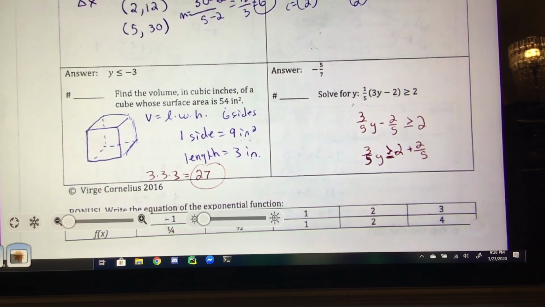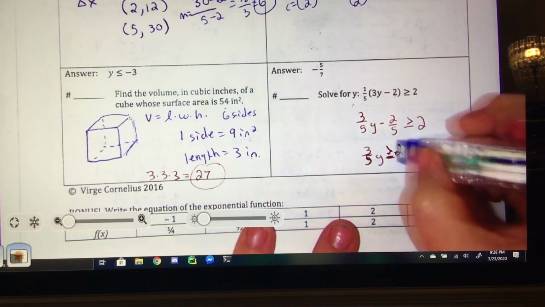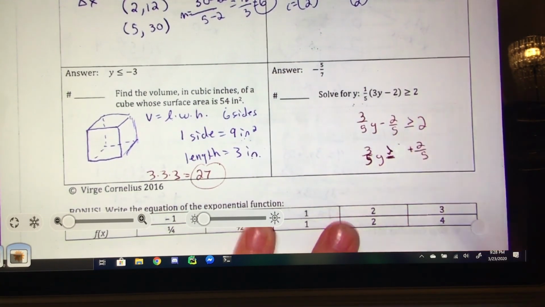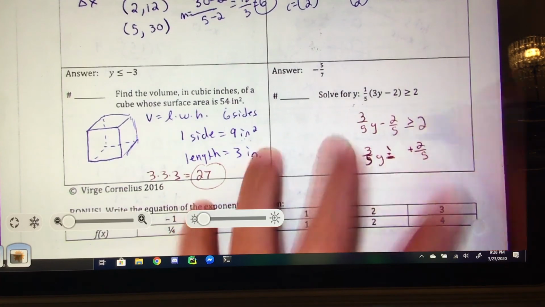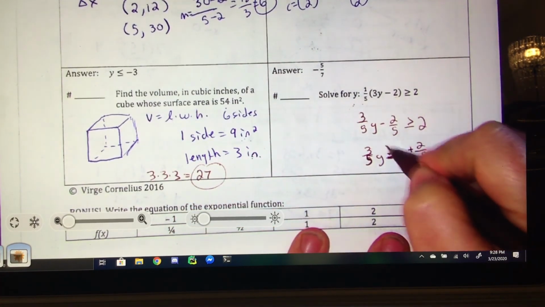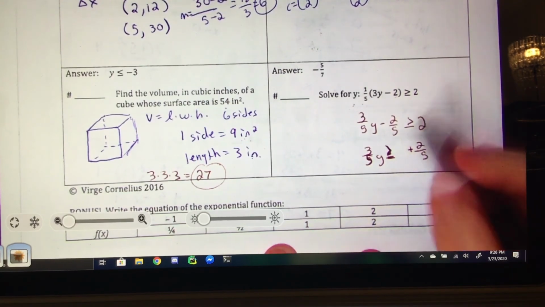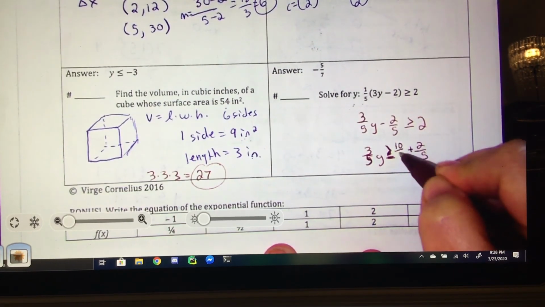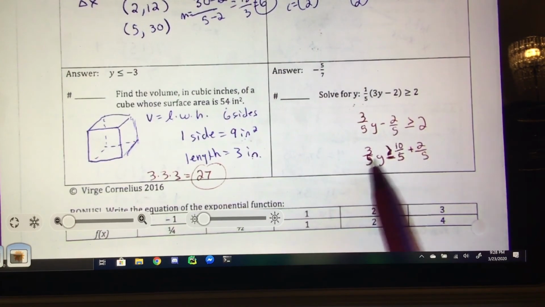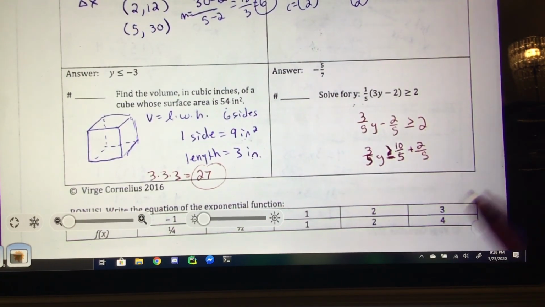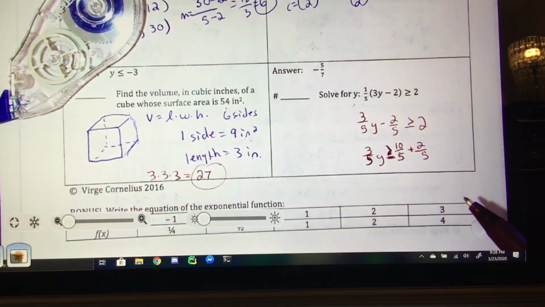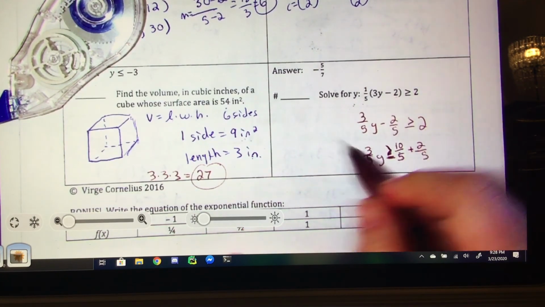I'm going to go ahead and fix this a little bit, because I want to be able to add these together. 2 is the same thing as 10 over 5. I'm going to have to do it over here to the left.